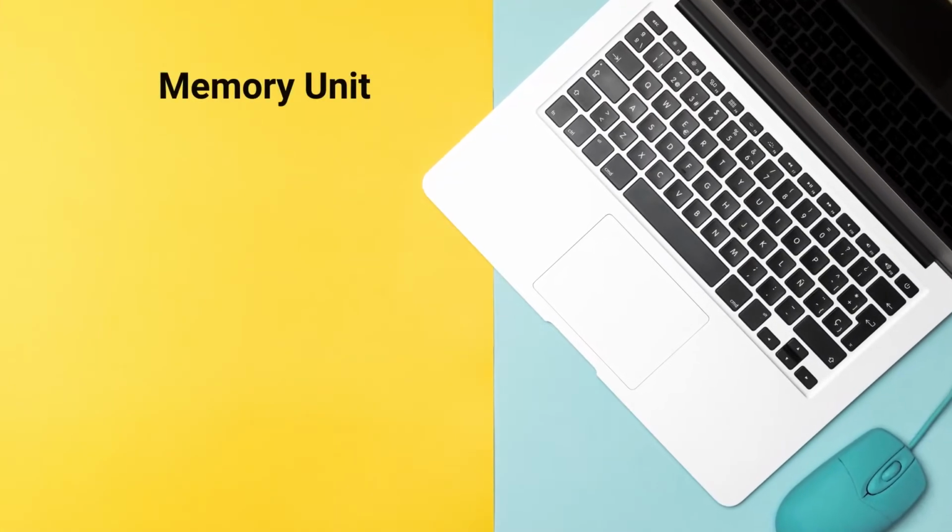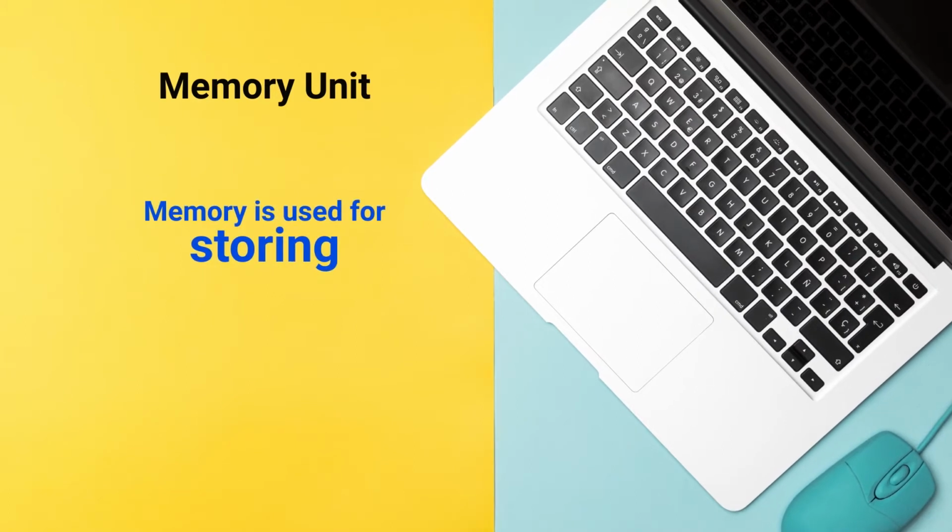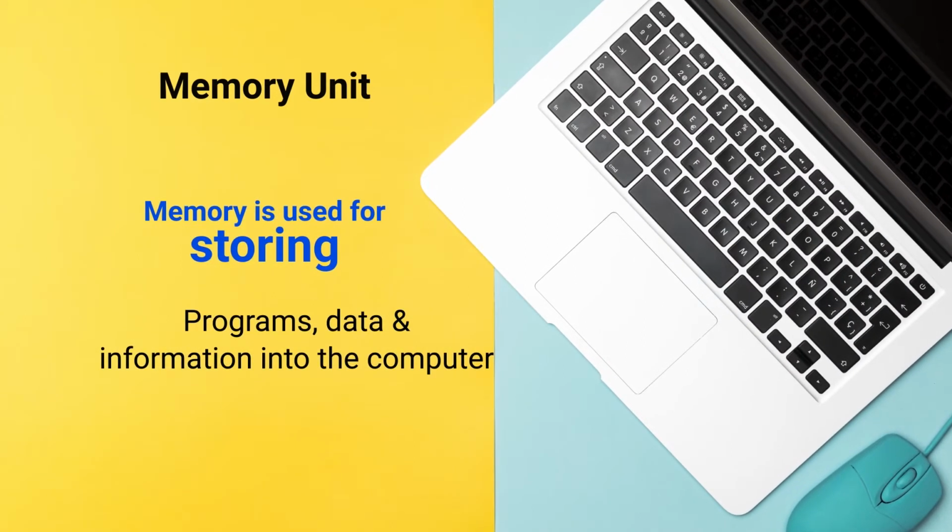But while processing, the CPU requires memory to be utilized for program and data. For this reason, in today's topic, we are going to discuss the memory unit, which is a very important component of the computer. Memory is used for storing programs, data, and information in the computer.